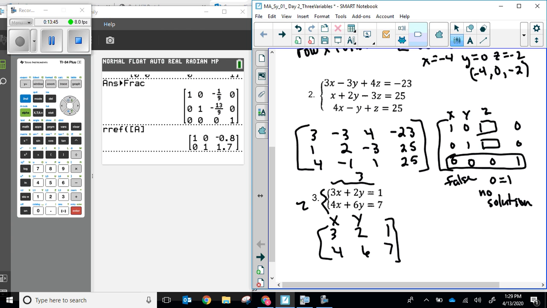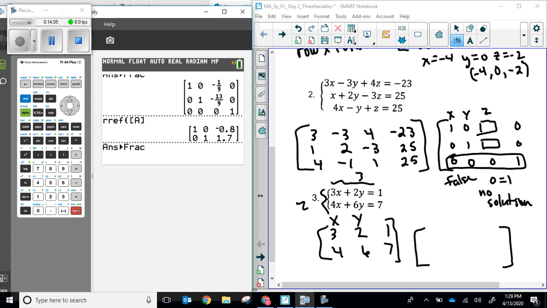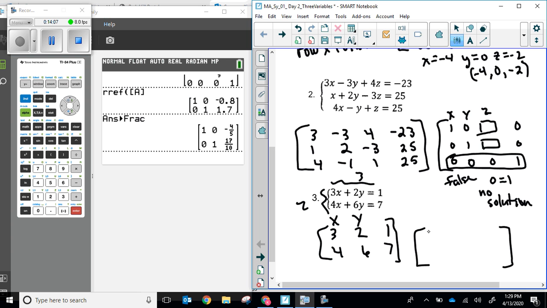So whenever I see decimals anywhere, I always go back and change those to fractions. You'll always get rational answers for these. You won't get imaginary, you'll get rational values. So go to math, fraction, enter, and it'll change them to fractions for you.